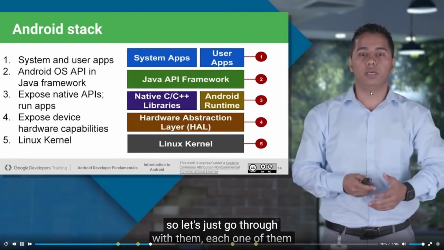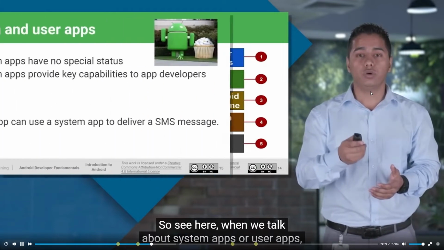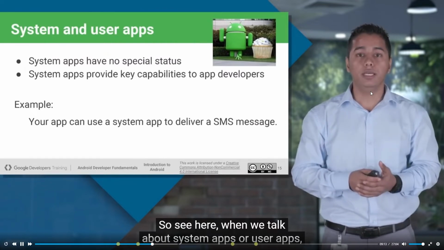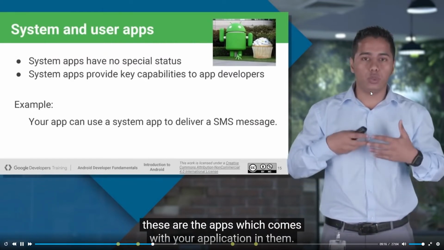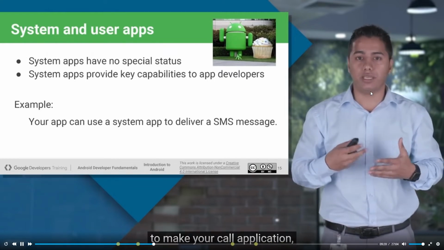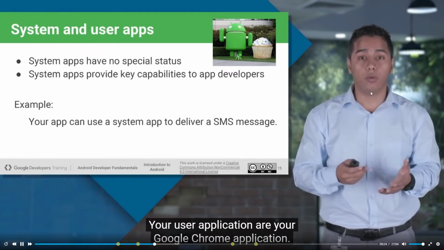Let's go through each of them very briefly. When we talk about system apps or user apps, system apps are the apps which come built into your device, like your call application, your SMS application, or your Google Chrome application, right?